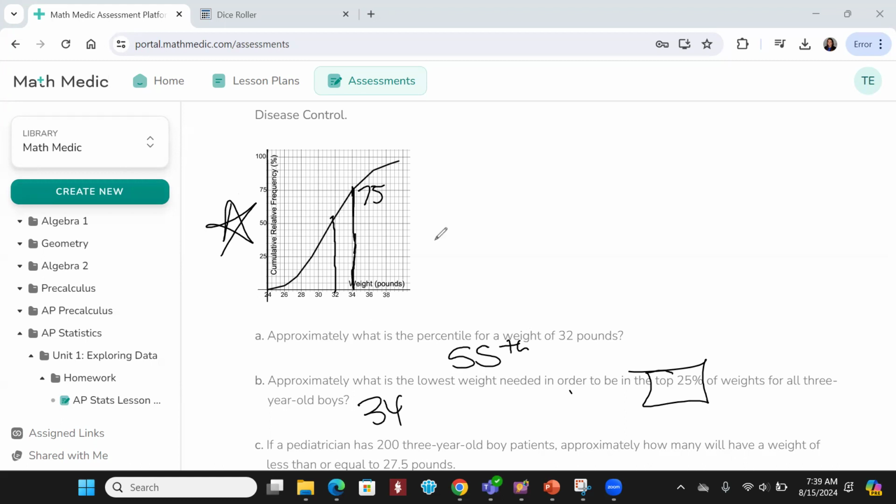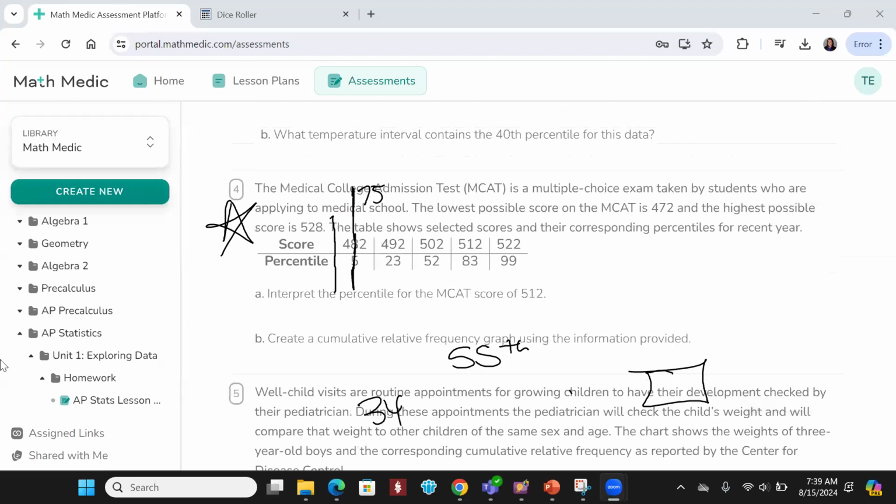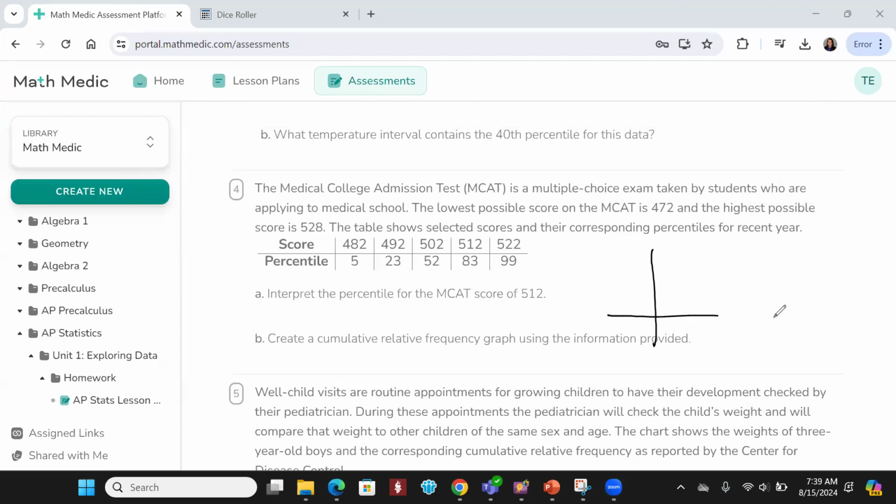So 4B, I'm going to try to give you the most accurate depiction of this. So when you draw this graph, first thing that you want to do is make sure that you put cumulative relative frequency. Okay, and down at the bottom, we're gonna label it score.